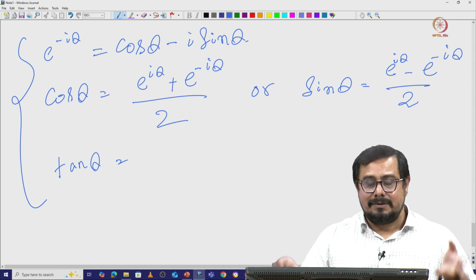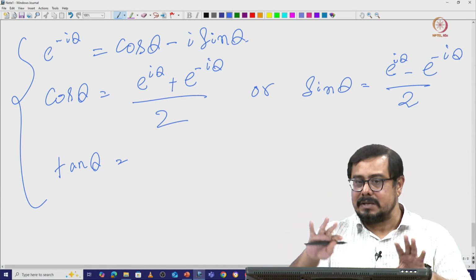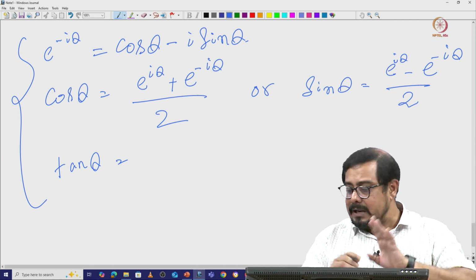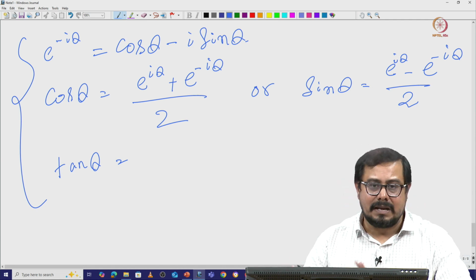That is the reason we apply phase as an imaginary term, and then we explain the mathematical derivation of the entire part.